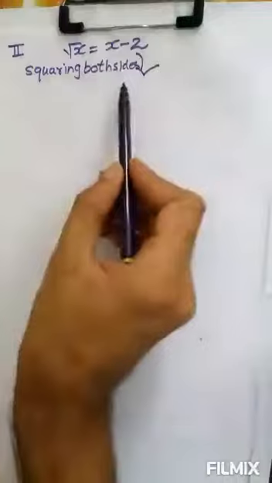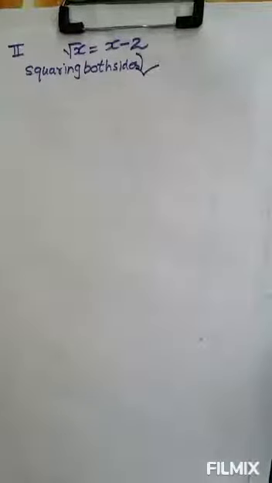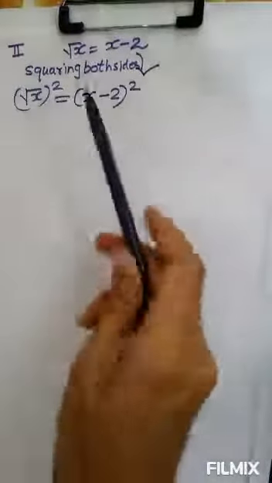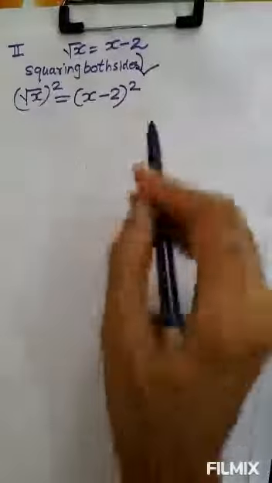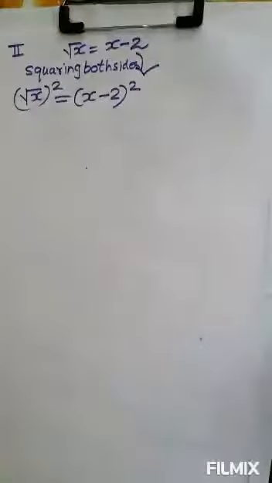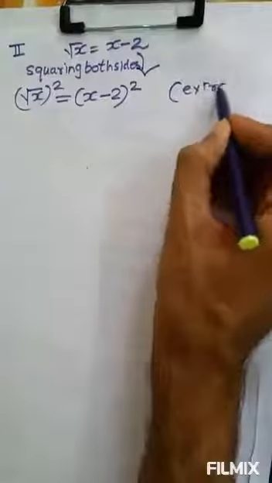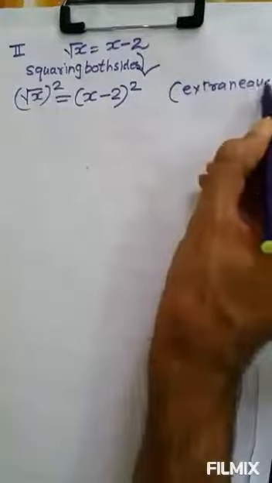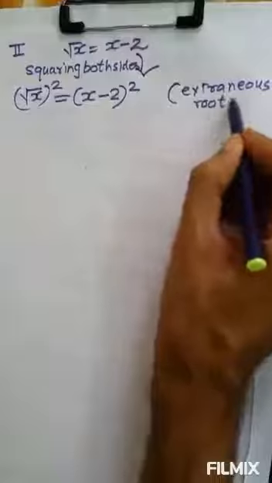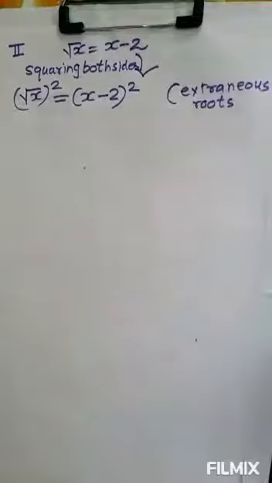So yes, the second approach is squaring both sides. Squaring both sides should be done with caution, because it leads to extraneous roots. Extraneous roots are those values of x that we get after solving, which are not the actual solutions.